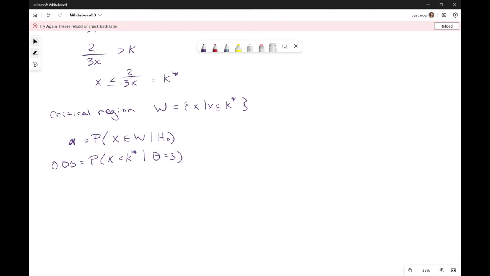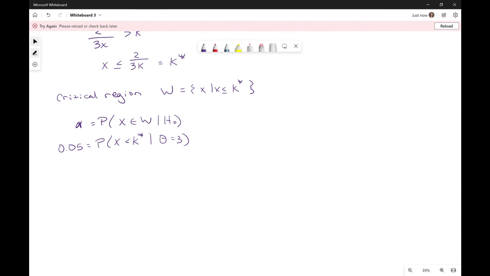We know that we can find the probability using integration. So 0.05 equals the integral from 0 to K star of f of x dx. And what is our function?